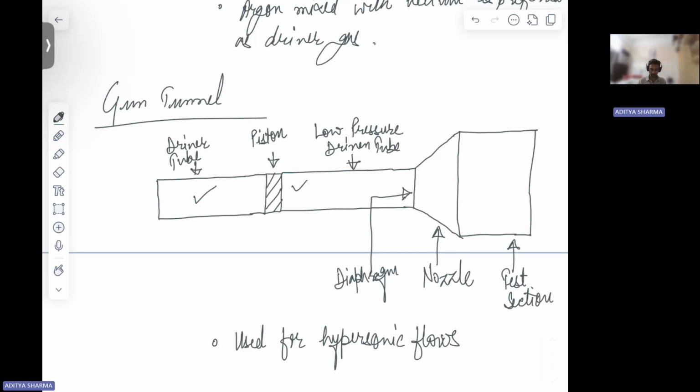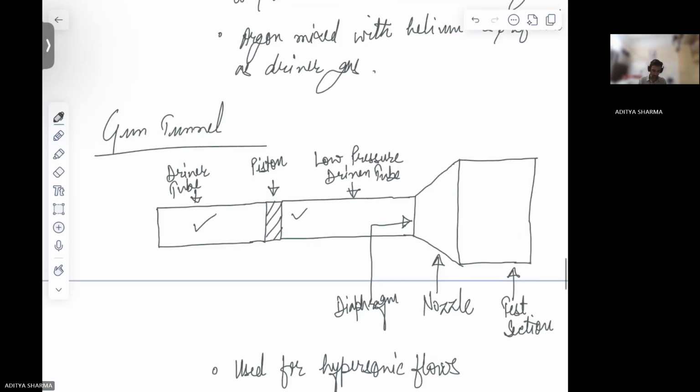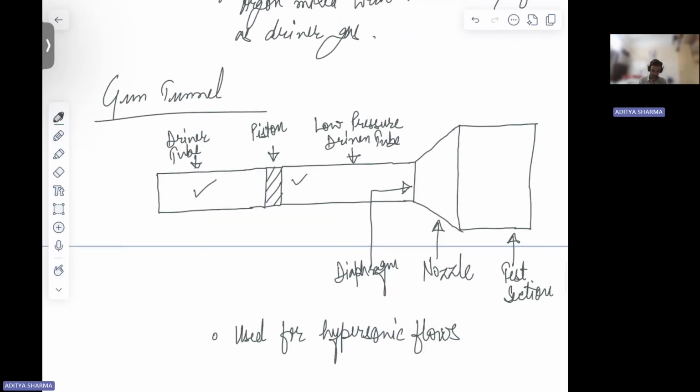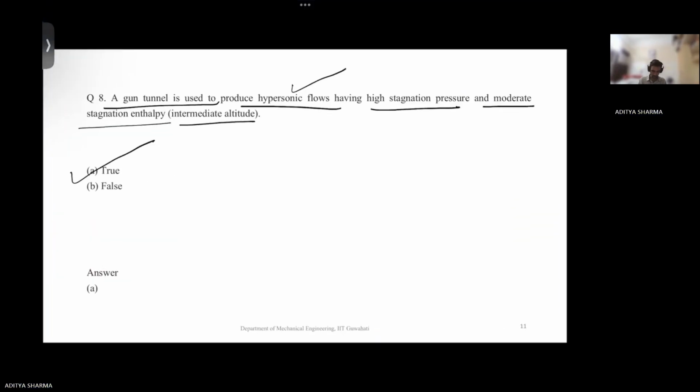This piston gives a pressure wave that strikes the diaphragm. The diaphragm bursts and your test time starts. The pressure wave reflects, strikes the piston, reflects again and reaches the nozzle. When it reaches the nozzle, your test time stops. So this is your gun tunnel used to produce hypersonic flows.